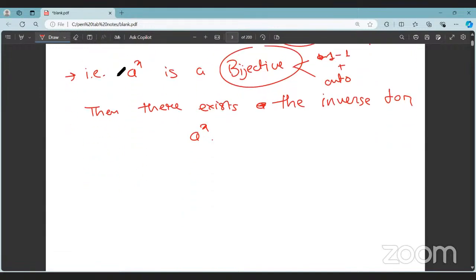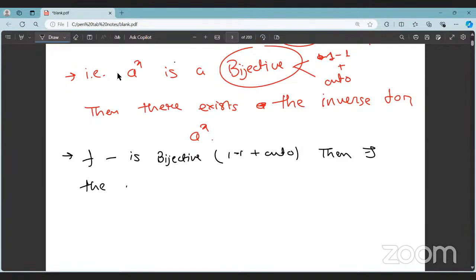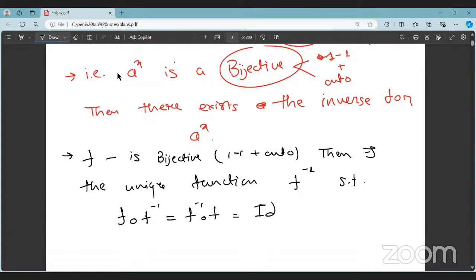I think you are already familiar that if we have a function f and f is bijective, that means one-one plus onto, then there exists a unique function called the inverse of f, denoted by f inverse, in such a way that if you compose these two functions, f composite f inverse is the same as f inverse composite f, and this is the same as the identity function.